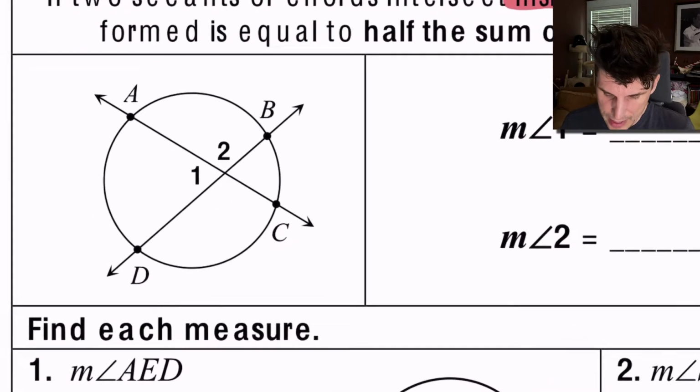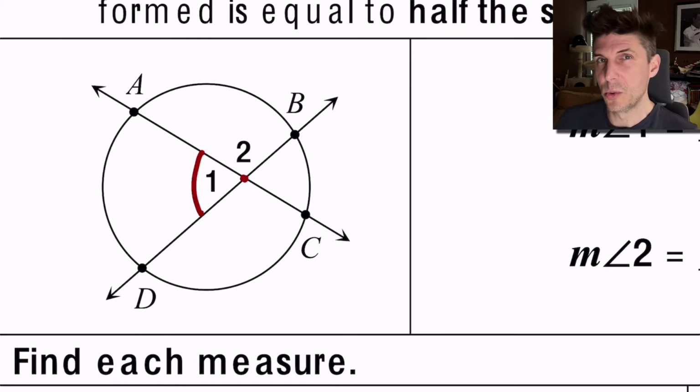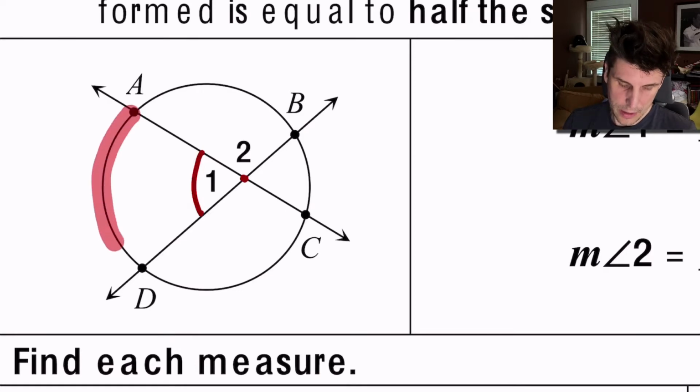But if you look at this diagram here, let's take a look at, for example, angle 1. Angle 1 does not exist at the center of the circle. It's on the interior, but it's not at the center. So there's a new relationship that you need to focus on. You would say, all right, what's the relationship here? It's related to these two arcs.